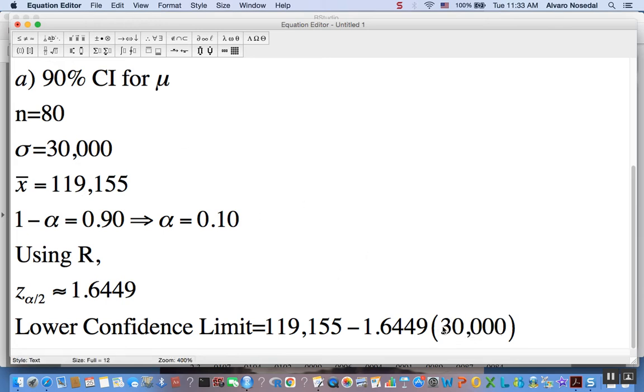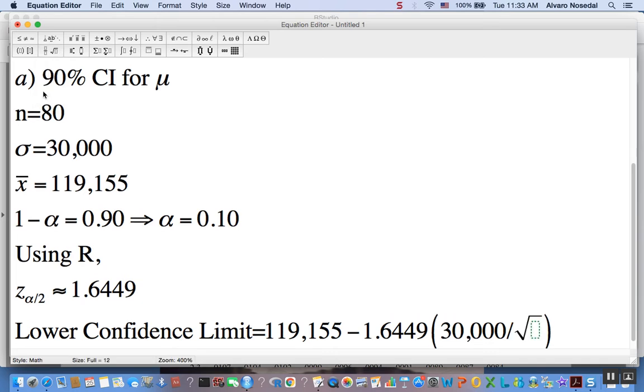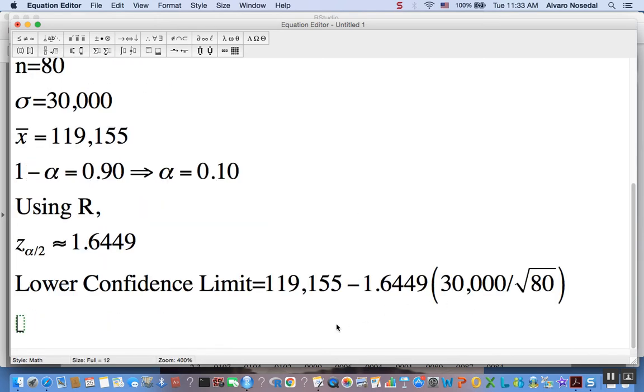But our sample size is just 80. Make sense?